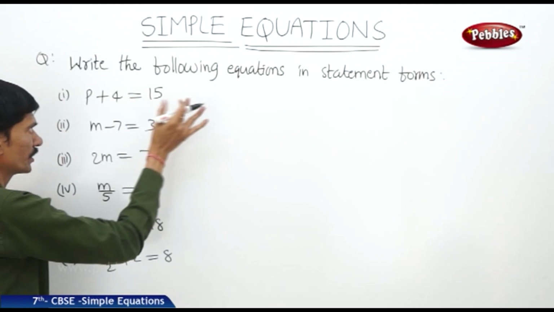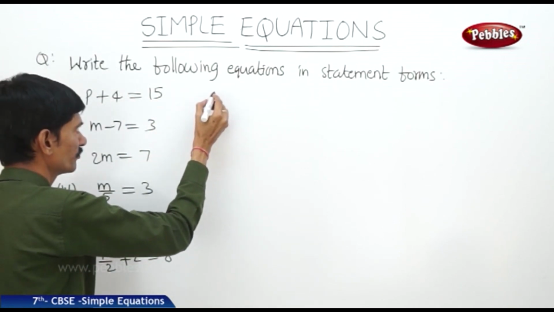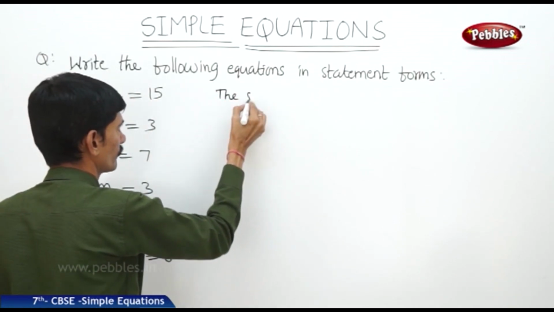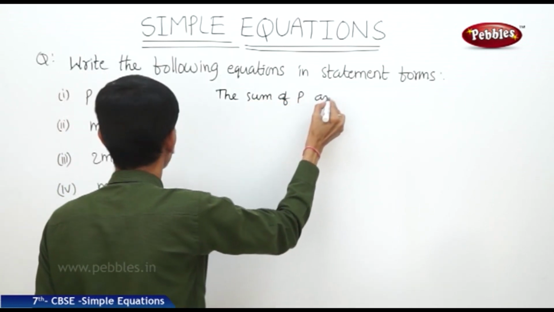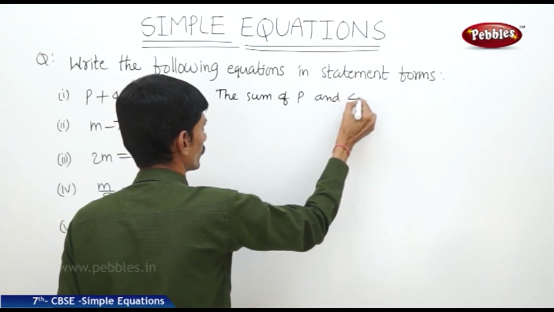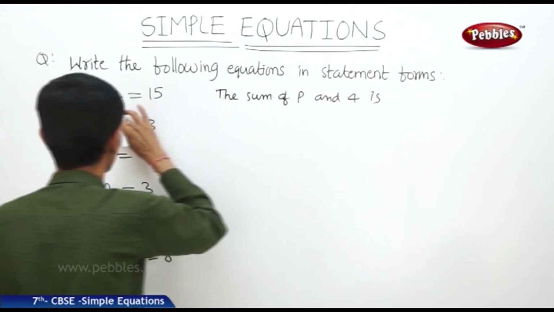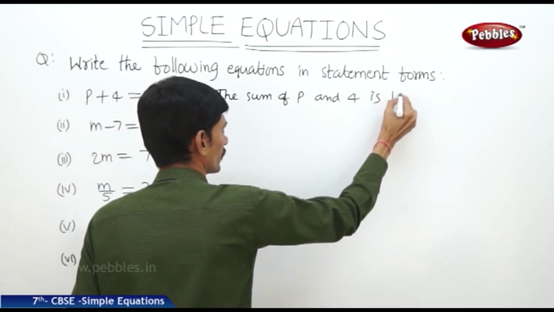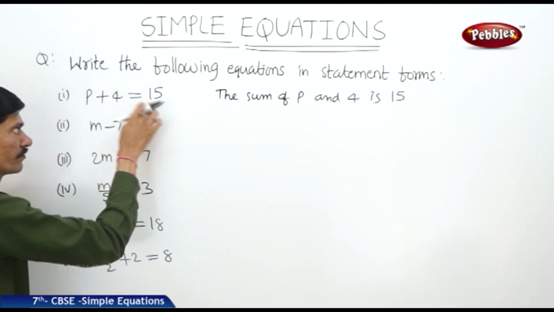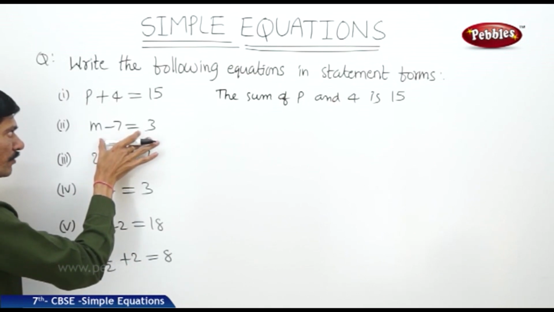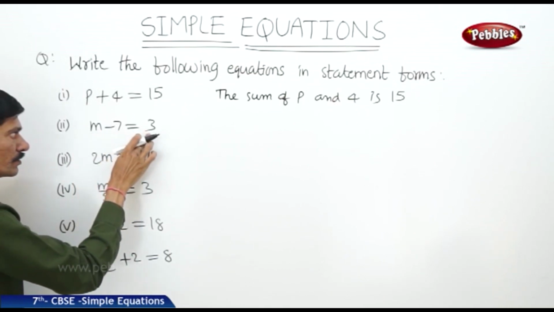So the first equation can be written as the sum of p and 4 is 15. Or we can write 4 added to p gives 15. Now the second equation, m minus 7 equals 3.